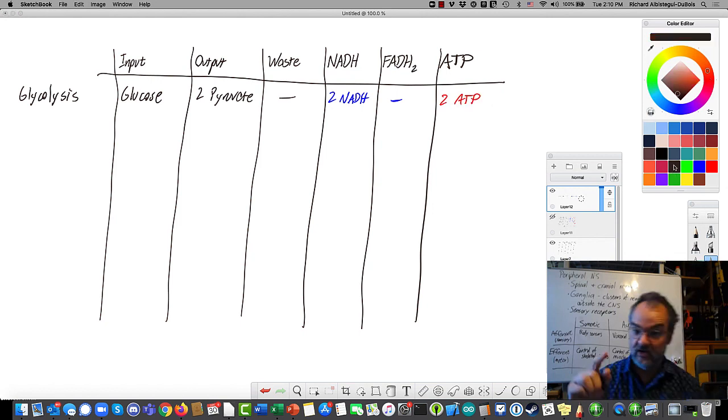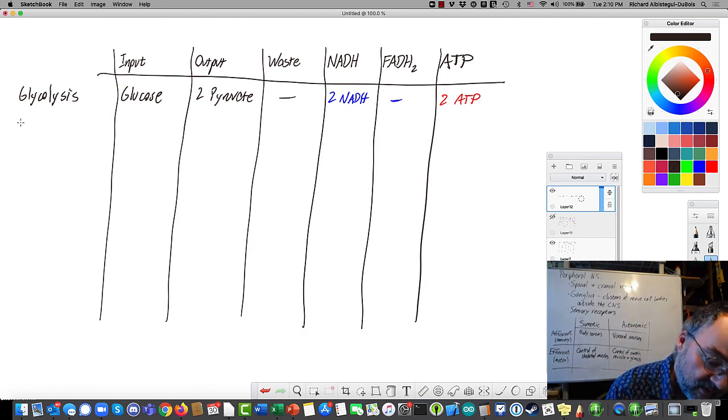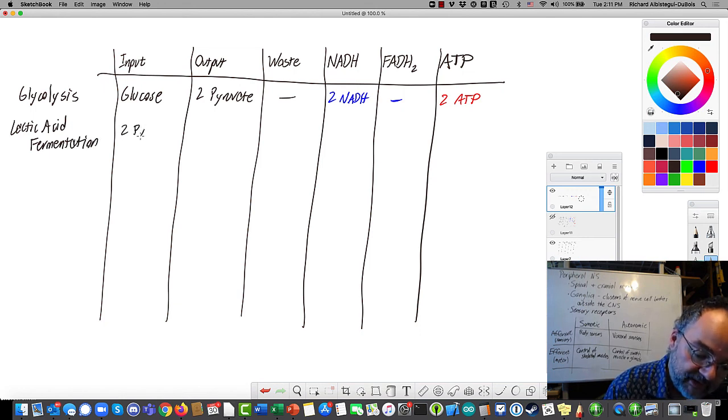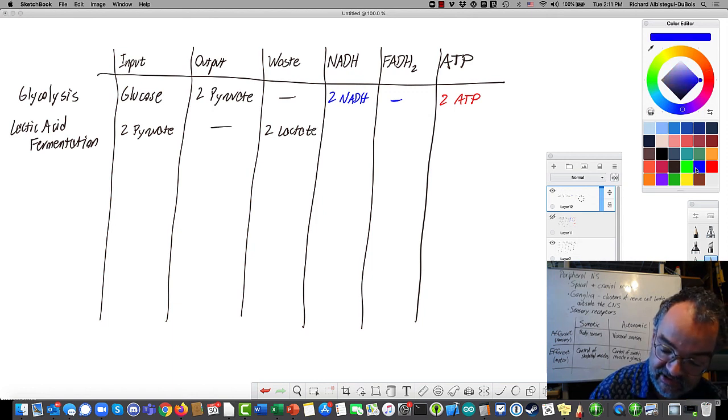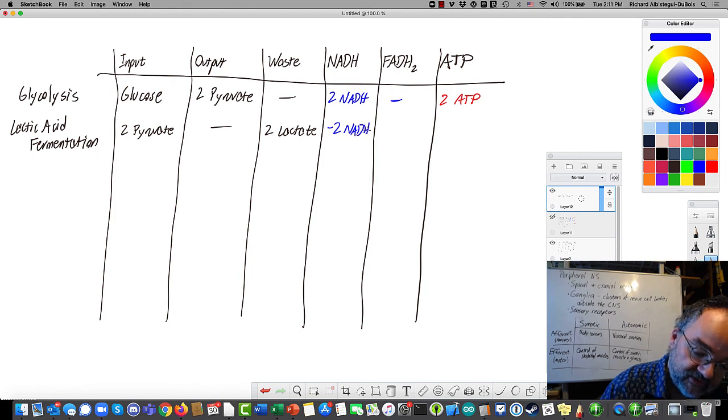Then, if we didn't go down the aerobic pathway, we ended up doing lactic acid fermentation, which took our 2 pyruvate and produced 2 lactate as waste. It consumed the 2 NADH, because remember they gave their electrons to the pyruvate. No FADH2, and no ATP is produced in fermentation.